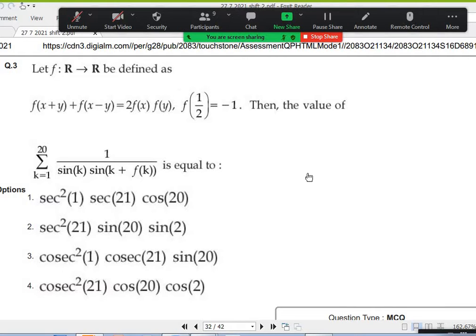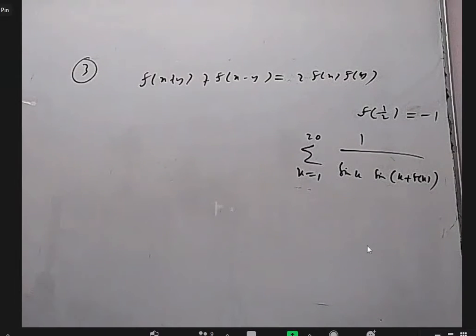And they wanted the sigma k equal to 1 to 20, 1 by sin k sin of k plus f of k. Okay, this was the question.